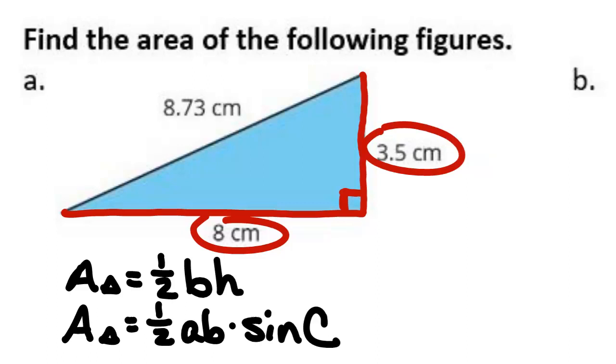One of them is my base. Why don't we go ahead and call the bottom the base? And the other one is the height. I could have labeled that the other way around. The base does not mean it has to be at the bottom. The base will always be a side of my triangle, and the height will always be perpendicular to it, but it doesn't have to be on the bottom.